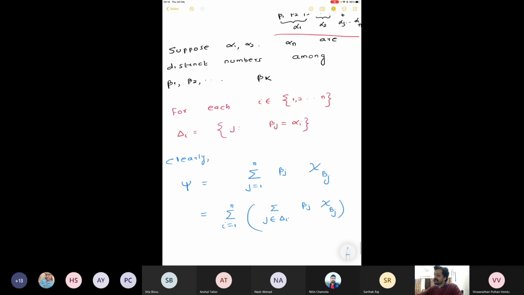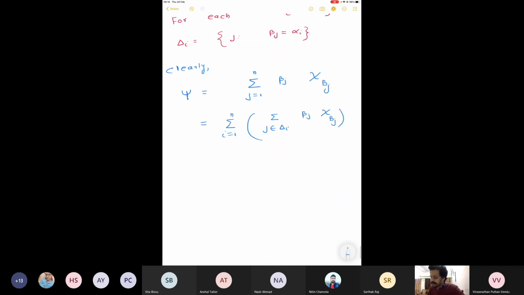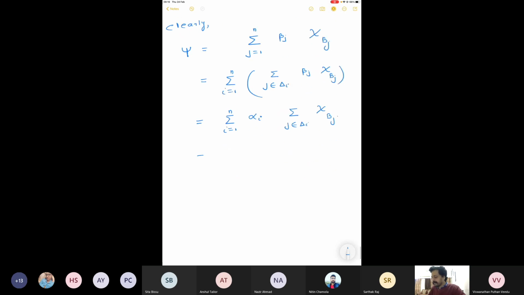Convince yourself with the example that I have given. And this is equal to summation i is equal to 1 to n, alpha i, since when j belongs to delta i, beta j's are the same as alpha i, summation j belonging to delta i chi bj. Now I am going to make use of the properties of the characteristic function. I am writing this as chi of ai.